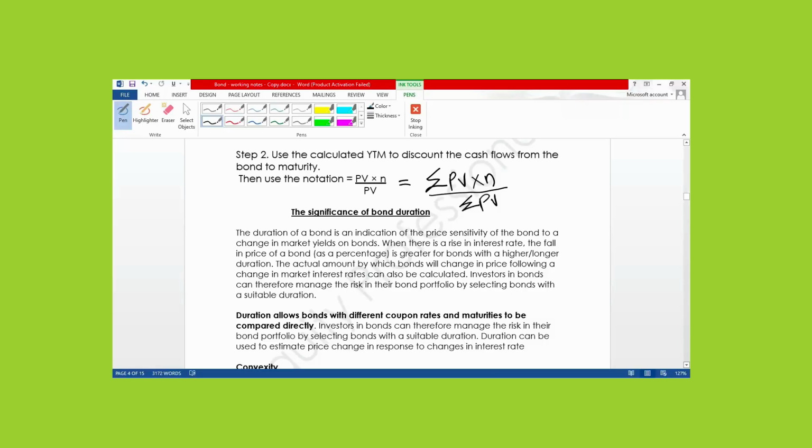Duration can be used to monitor the risk profile of a bond investment portfolio.